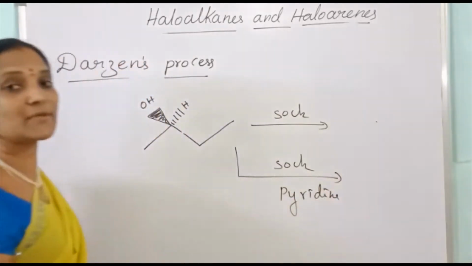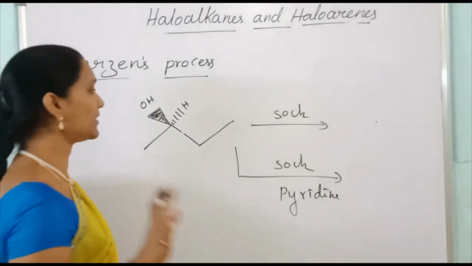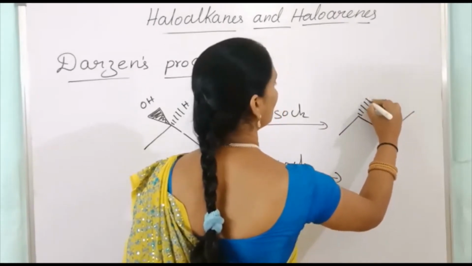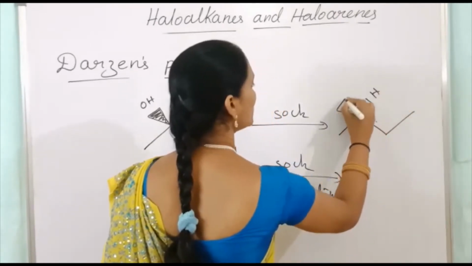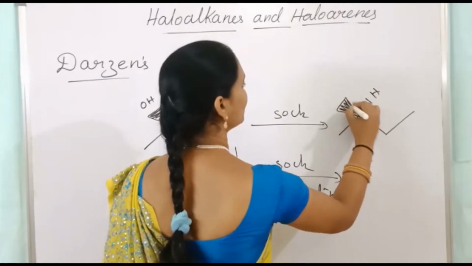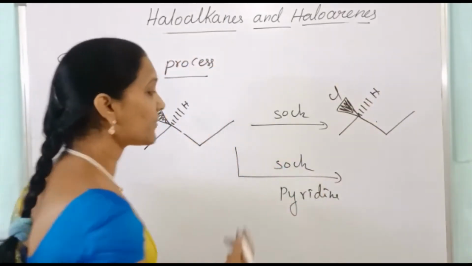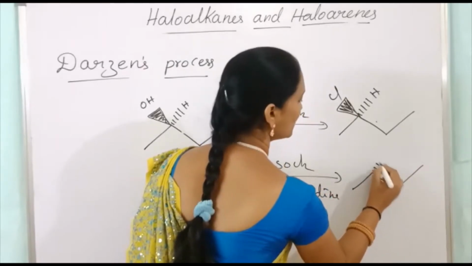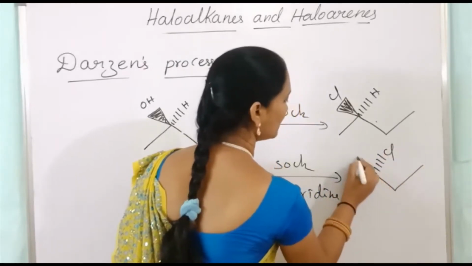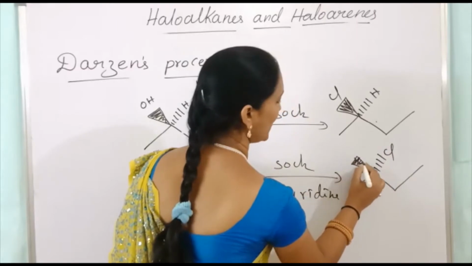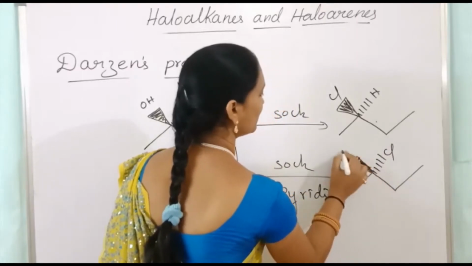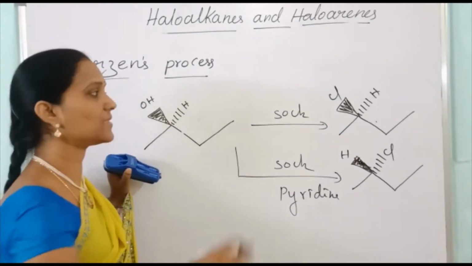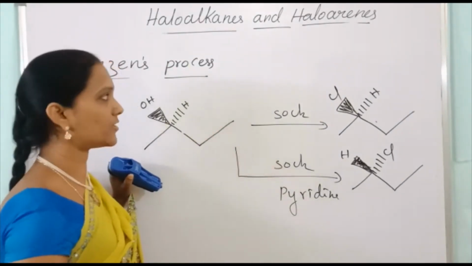With SOCl2 alone, it is the SNi mechanism and configuration is retained, so the OH is replaced by Cl. This is the answer. In the presence of pyridine, inversion takes place, which means now this is Cl and this is H. Here it retains. This is Darzens' process.